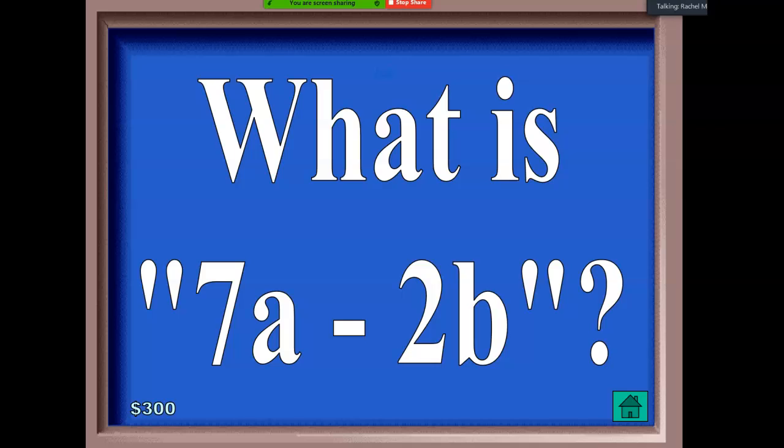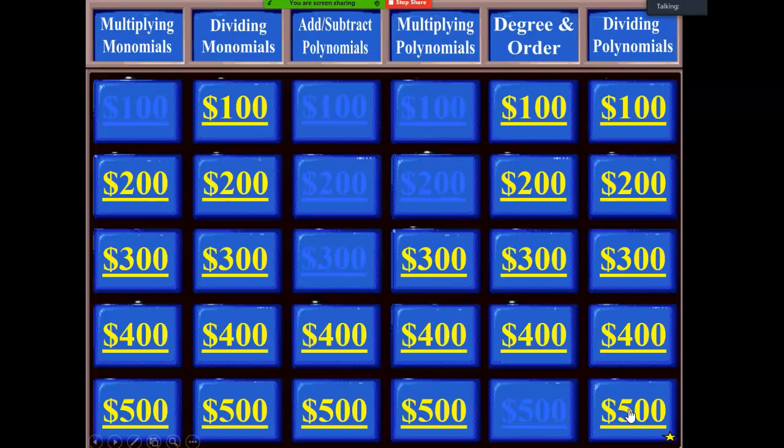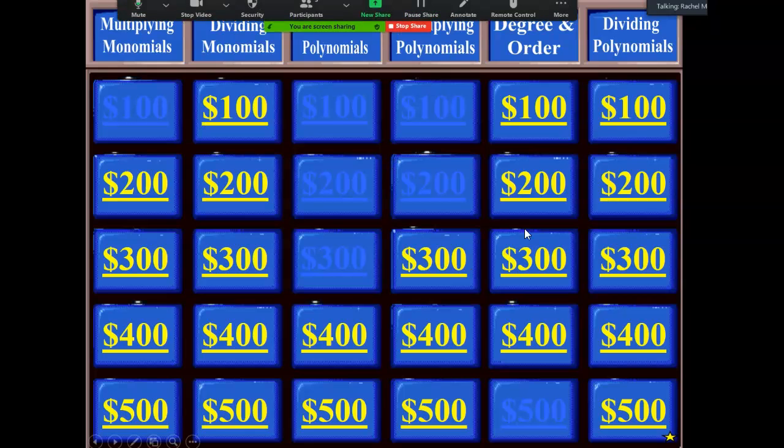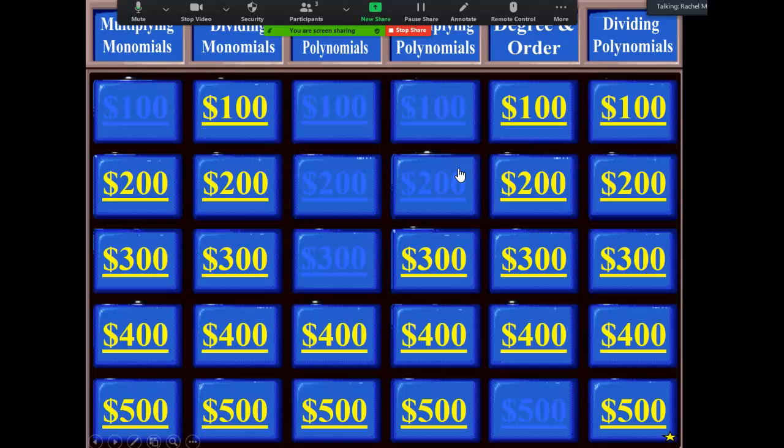Okay, so currently row 1 has 100, row 3 has 400, and group 2 has 800. All right, so Jalen, category and points go to you.